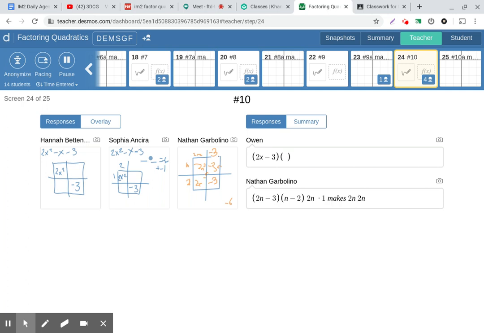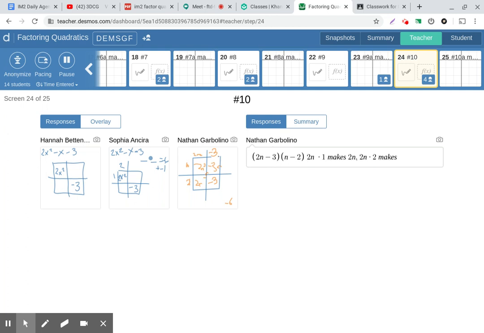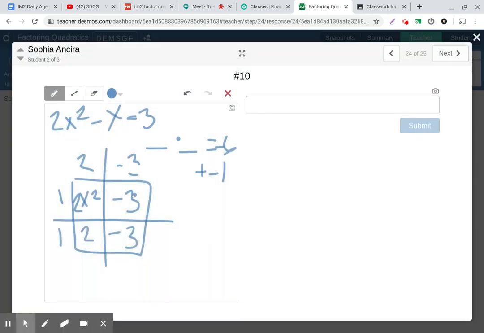Yeah, I don't know. 2n times 1 makes 2n. Let me see if I could do this one too. Let me jump on somebody's. Let me look at Sophia's here.